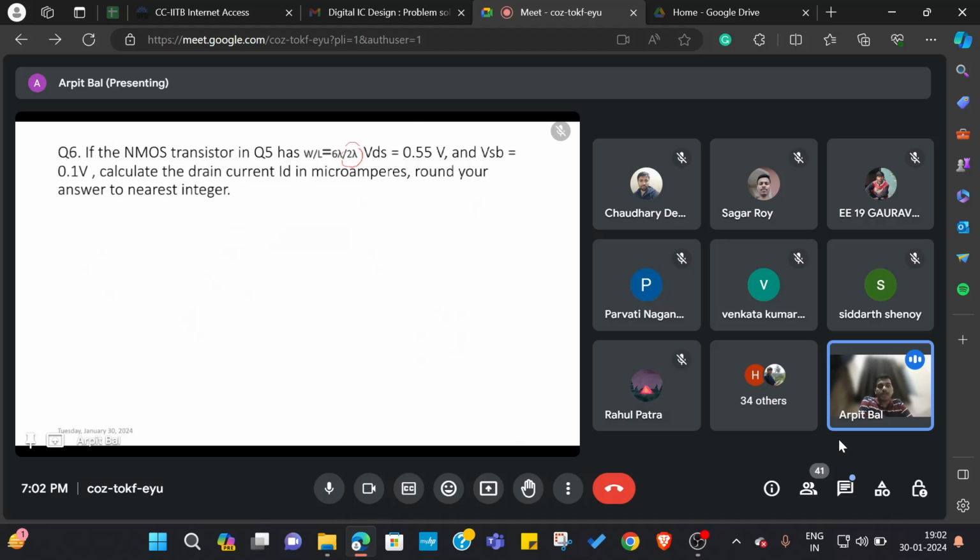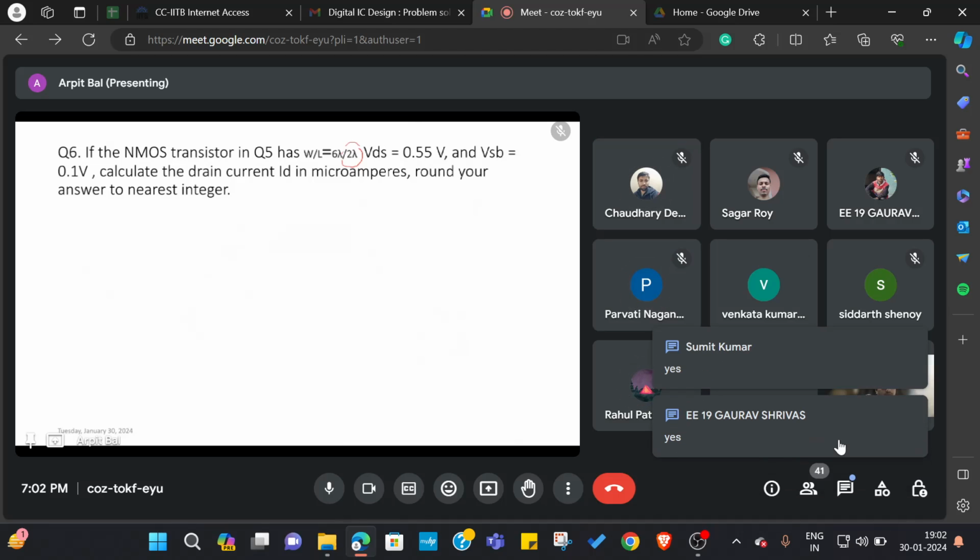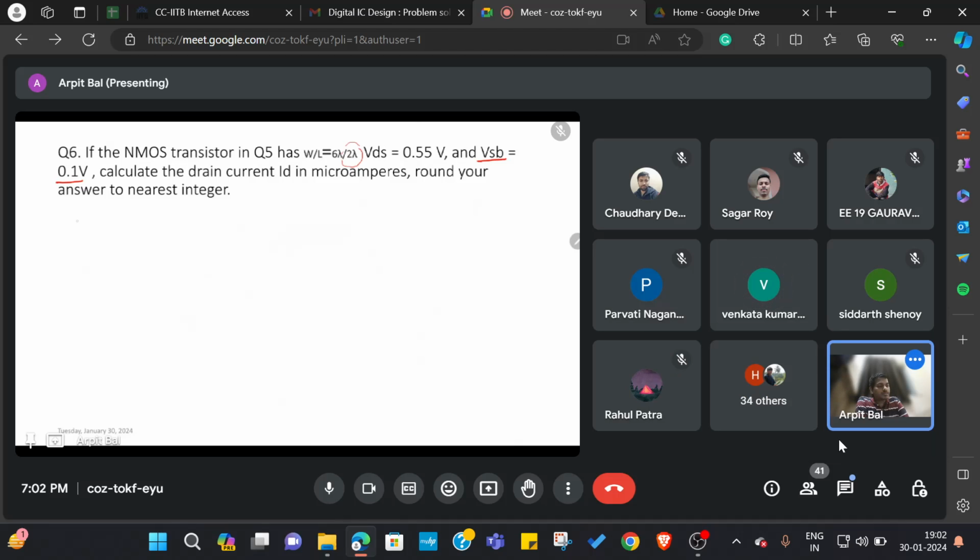Second thing, do we need to consider the body effect here? Yes, sir. Okay, VSB is equal to 0.1 volt, right? So because of body effect, our threshold voltage is going to change.